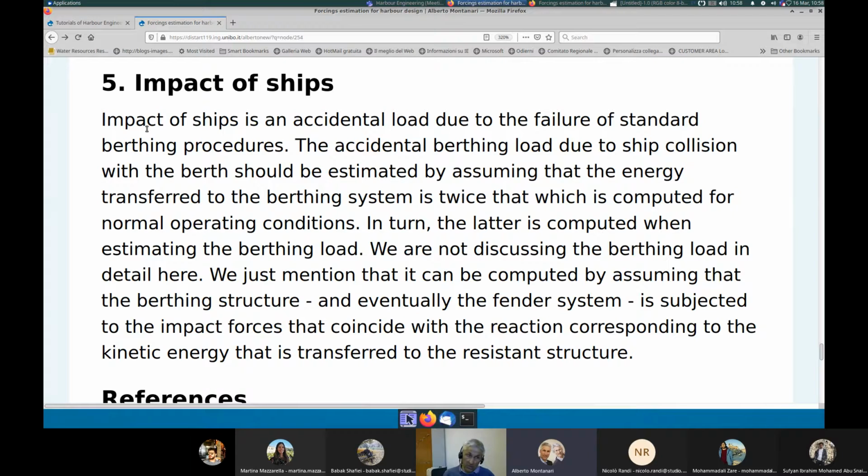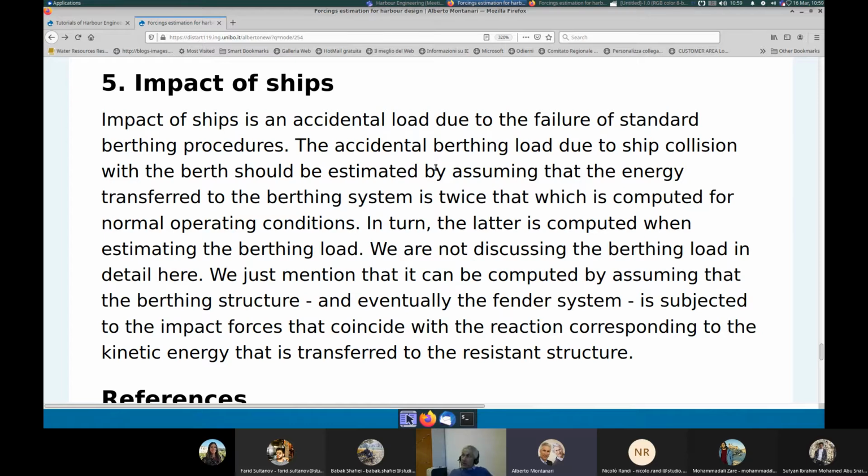You can find empirical relationships for estimating these impact forces in the port designer handbook, and I also think the Spanish standard gives these relationships. In this case, I decided not to include them here.